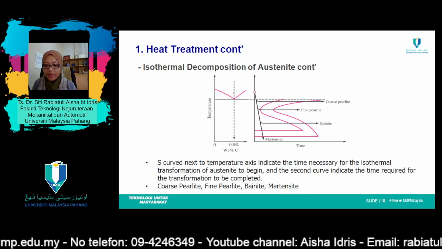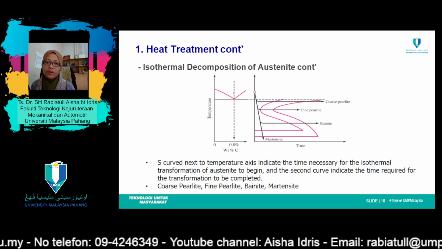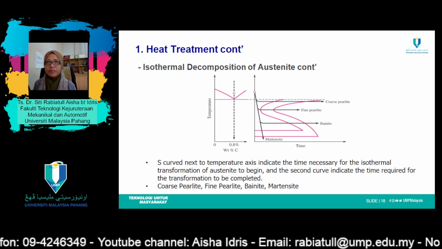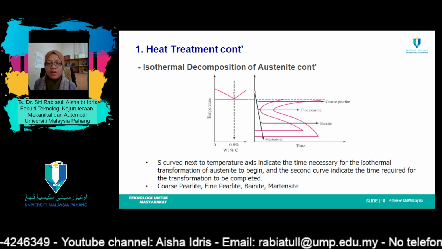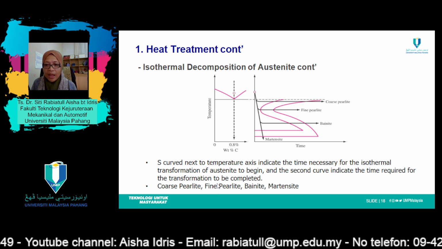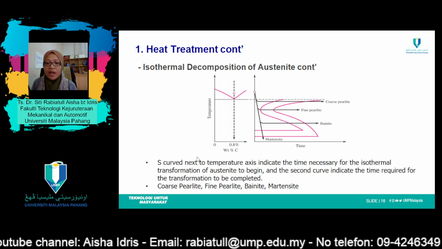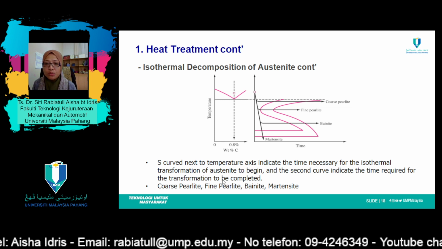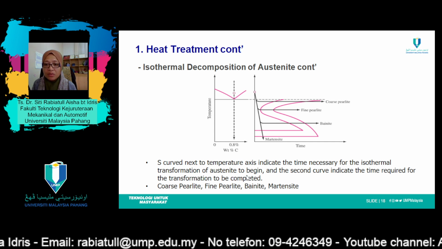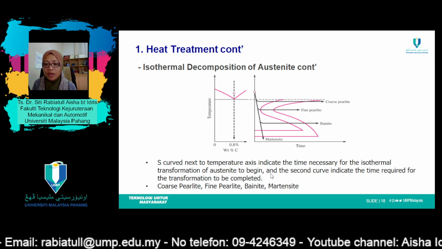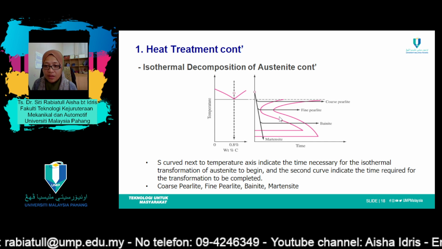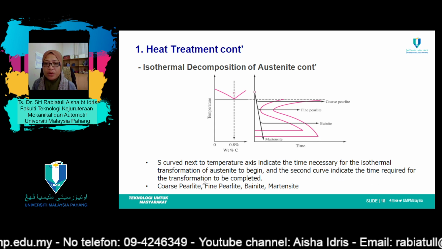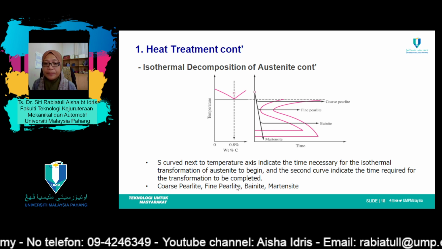Meanwhile, if you look at this, this graph is the graph for austenite transformation, or phase transformation. This is the S curve. The S curve next to the axis indicates the time necessary for isothermal transformation of austenite to begin, and the second curve indicates the time required for the transformation to be completed.